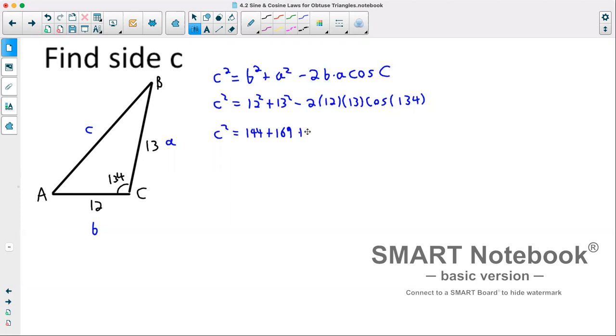That gives us positive 216.7. So we'll combine all these terms, and that gives us c squared is 529.7. Now we need c on its own, so we'll take the square root of both sides. So we get a side length of 23.